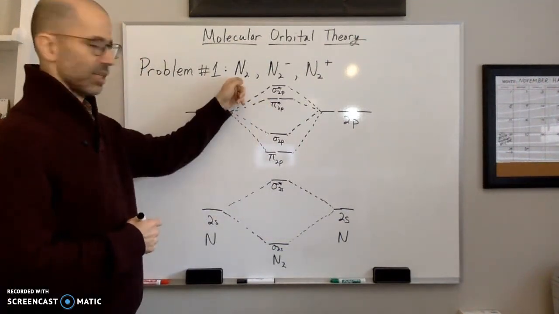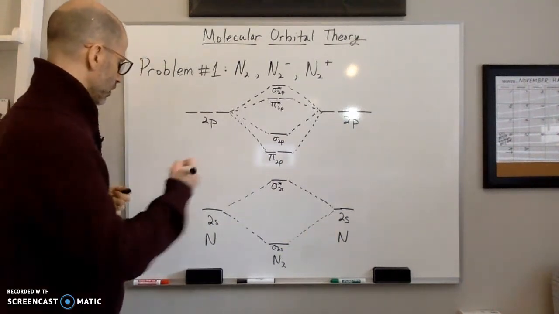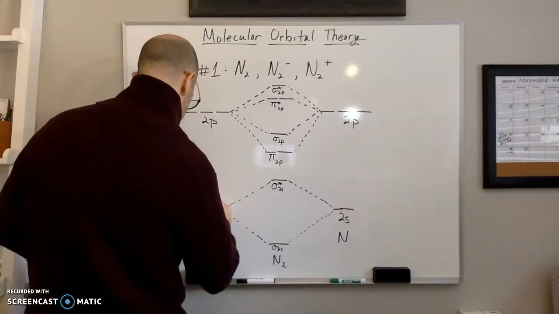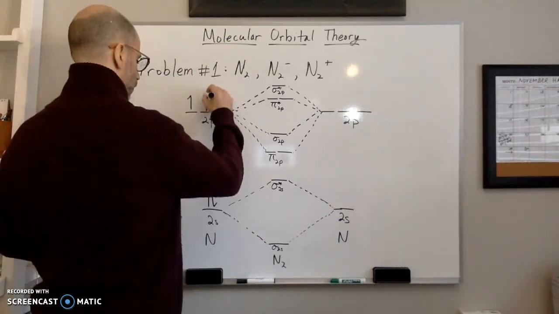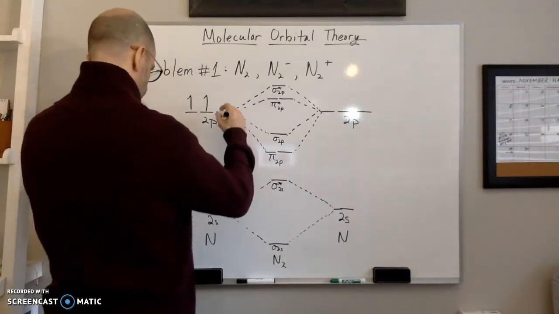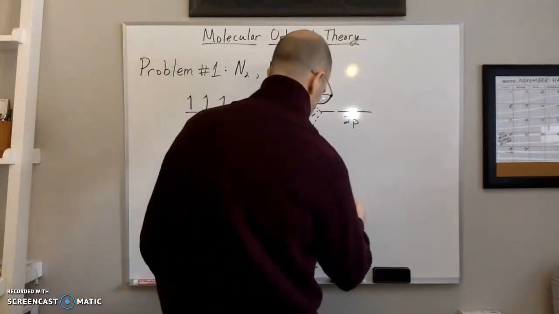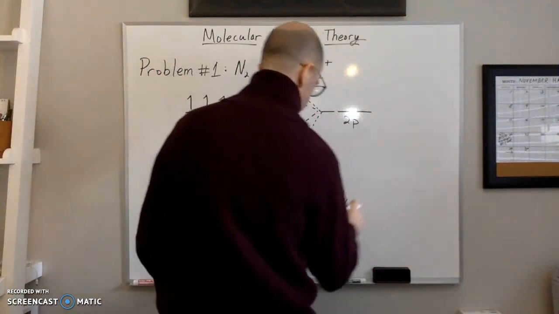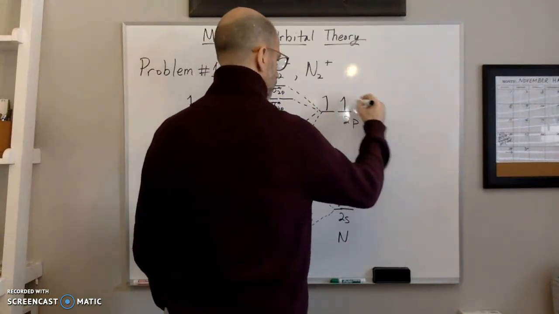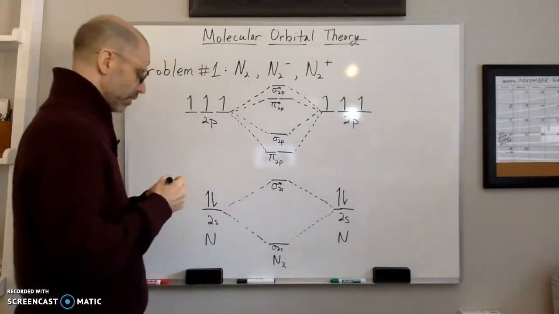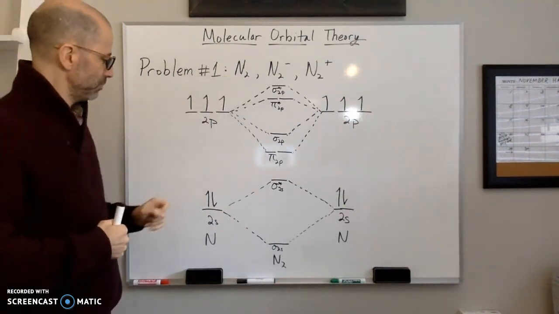So let's start with the neutral molecule, N2. We know that each nitrogen has 5 valence electrons. So 1, 2, 3 there, paired in the 2s, and then you've got 5 there. Okay, so that's for our neutral molecule.